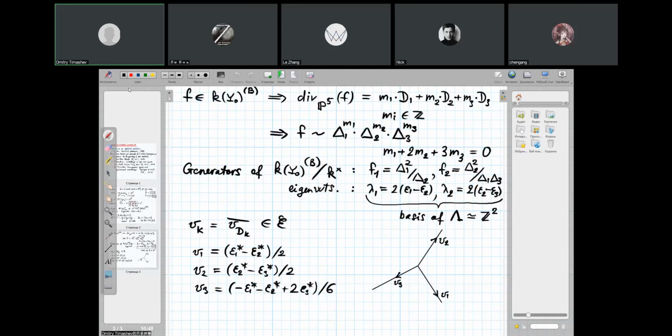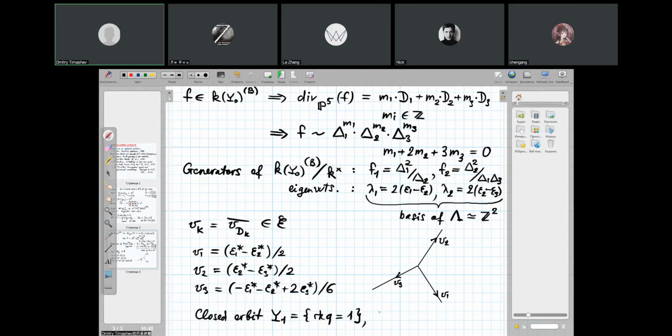Y0 is the open orbit. Y1 is given by the condition that the rank of Q is equal to 1.